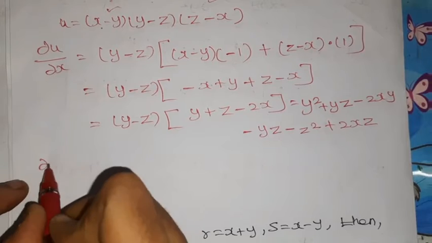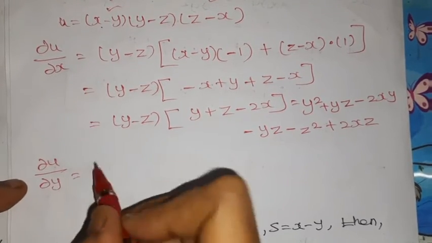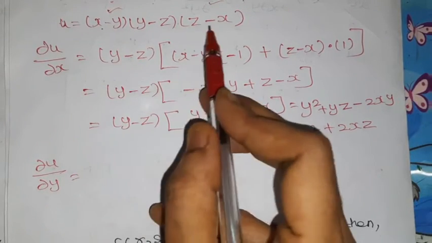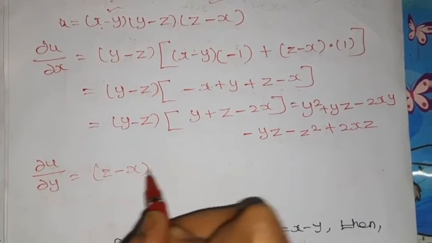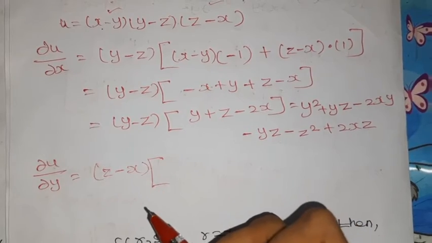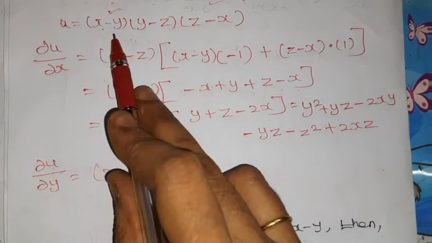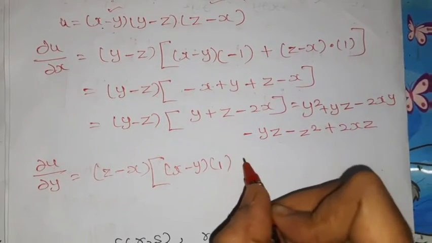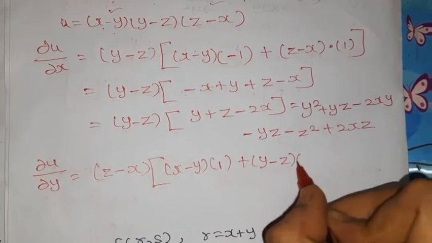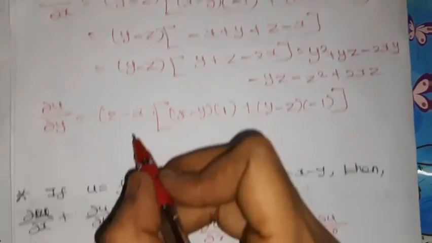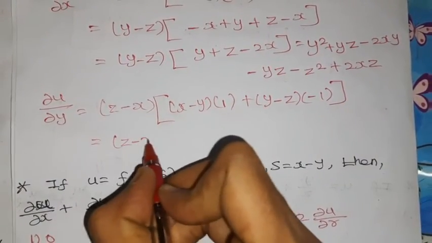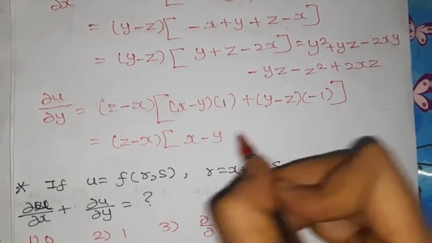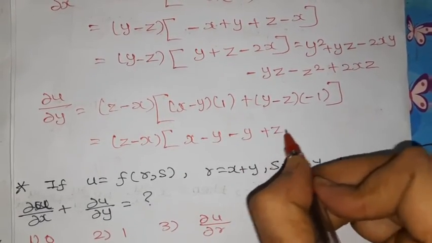Then we need to find ∂u/∂y. For ∂u/∂y, the term z minus x comes out as common. Then, with the UV rule, keep x minus y as it is, differentiate it and we get 1. Then y minus z gives minus 1. So z minus x into x minus y minus y plus z.